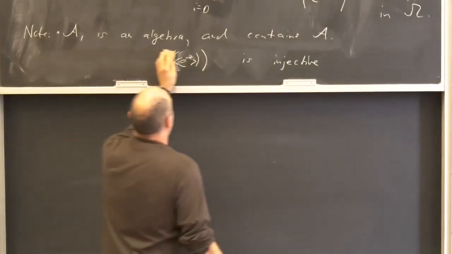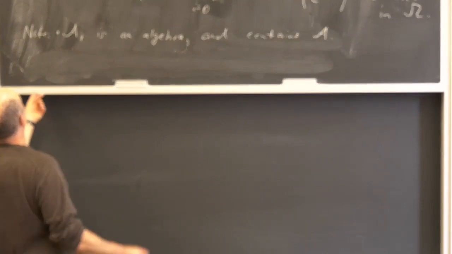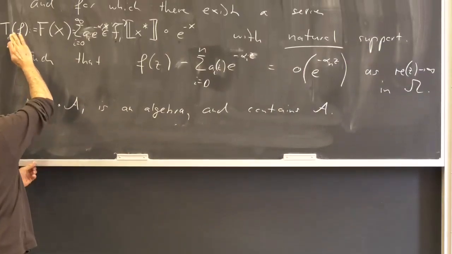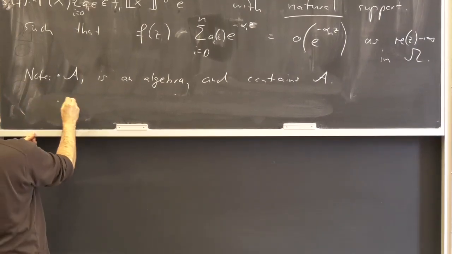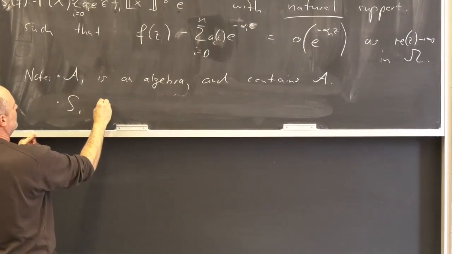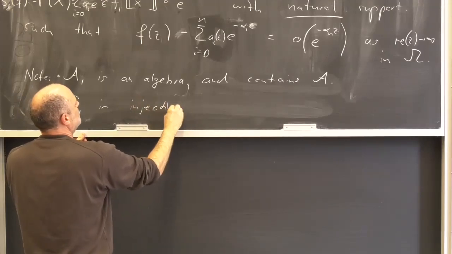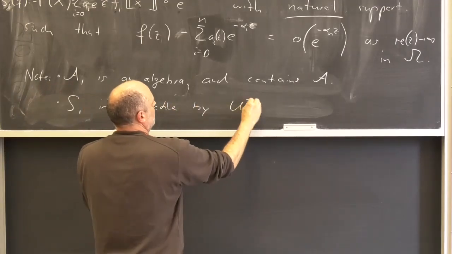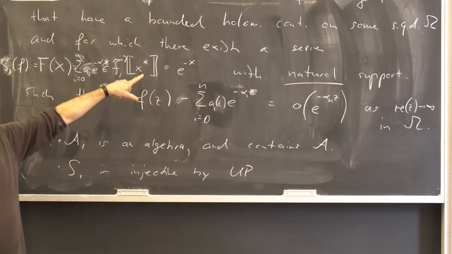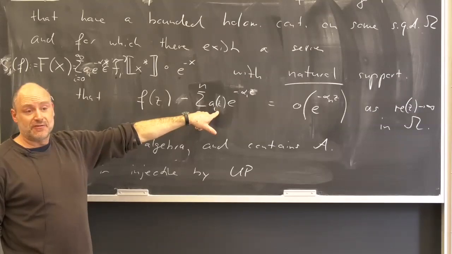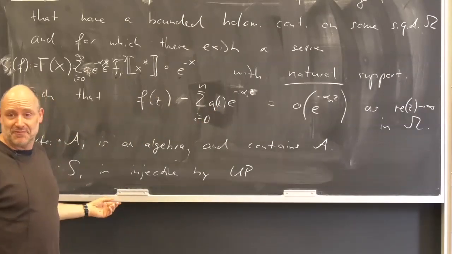Right, now I can define, let's call this S1. This S1 is still injected by the unique expansion. Because if you have a series like that where all the coefficients are 0, then by the uniqueness principle they still have to be 0.